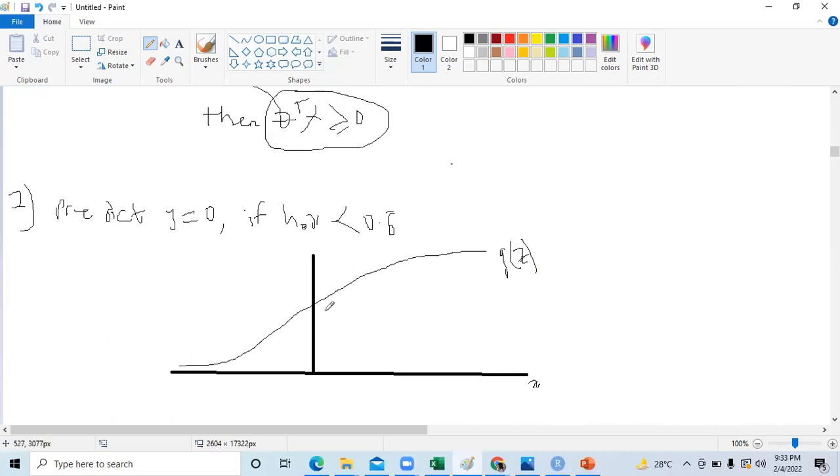So we are saying this is 0.5. We have g of z in this plane, and then we have our hypothesis in this plane. So in this half, g of z is less than 0.5.